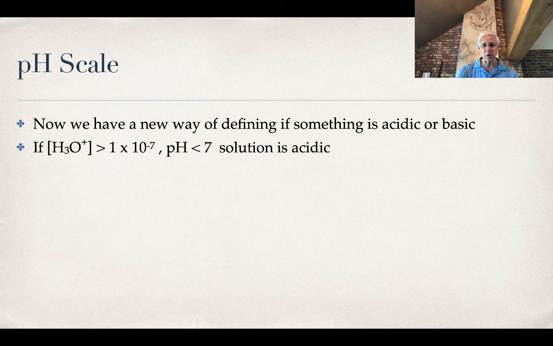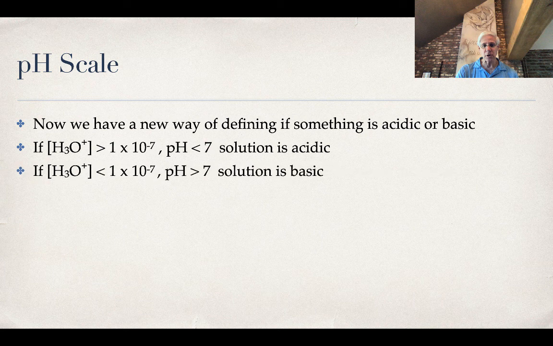And that's because I have that negative exponent there. So as this negative exponent becomes smaller, so 10 to the minus 6, 10 to the minus 5, 10 to the minus 4, my value is getting bigger. But when I take that logarithm, my logarithm would be 6 or 5 or 4, becoming more acidic. So as the pH decreases, the solution becomes more acidic.